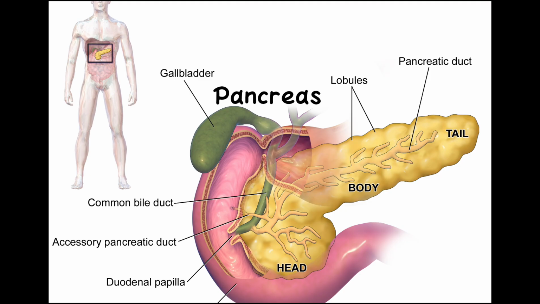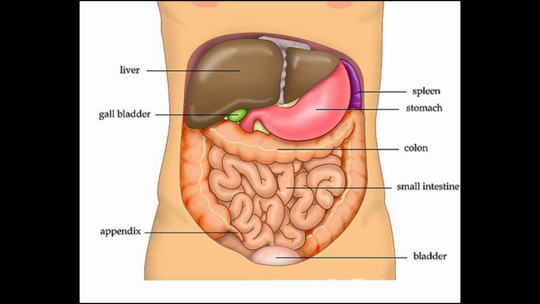The exocrine portion secretes pancreatic juice containing enzymes such as pancreatic amylase, trypsin, and pancreatic lipase, and it is connected to the duodenum where three important digestive enzymes are made: protease, to digest protein; lipase, to digest fat; and amylase, to digest carbohydrate.